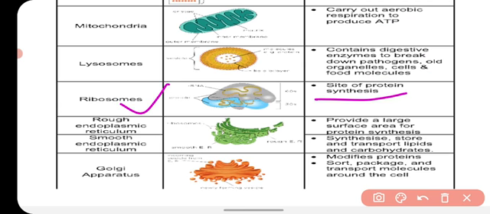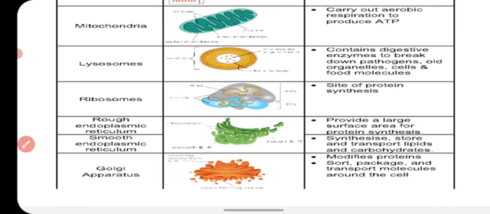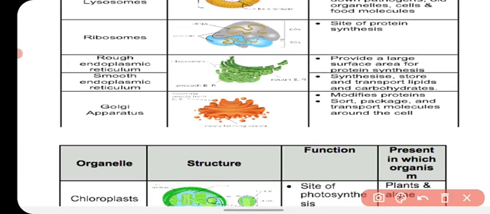Ribosomes, this is the site of protein synthesis. Endoplasmic reticulum, they provide a large surface area for protein synthesis. They also synthesize, store and transport lipids and carbohydrates. Golgi apparatus modifies protein, sorts, packages and transports molecules around a cell.